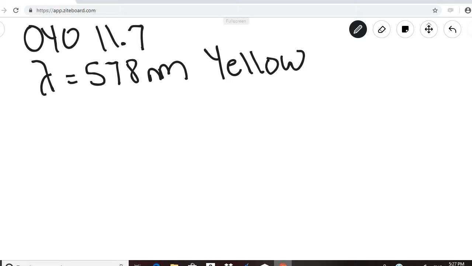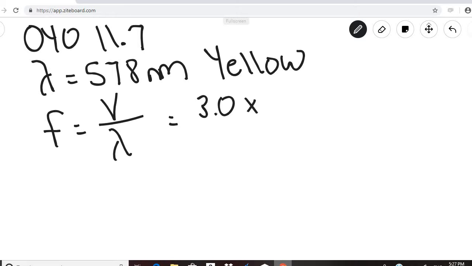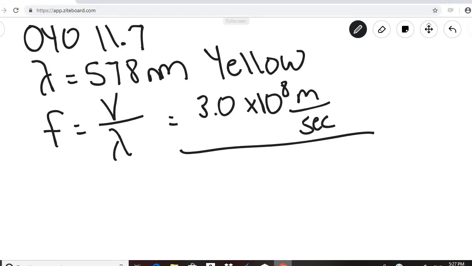Okay, and then we are asked, what is its frequency? So we know that frequency is velocity divided by wavelength. Velocity for the speed of light is 3.0 times 10 to the 8 meters per second. And wavelength we were given as 578 nanometers, which is 578 times 10 to the minus 9 meters.